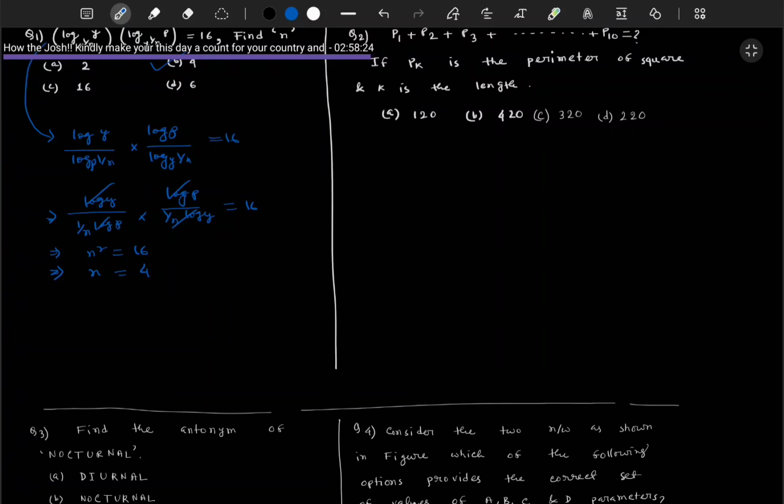If Pk is the perimeter of the square and k is the length, then we need to find out the value of Pk actually. Okay, so sorry, we need to find out this one, not Pk.